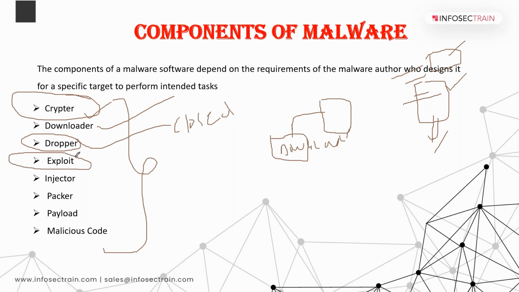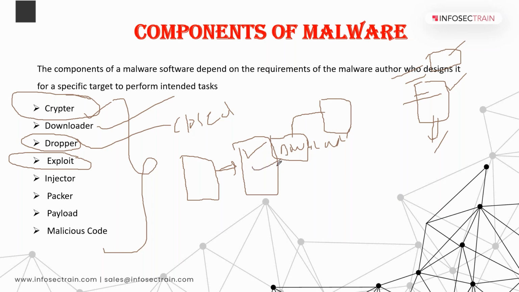And we will have the exploit. It is a part of the malware that contains code or a sequence of commands. Let's say you have hacked into this particular system. Attackers hacked, and in order to do a step-by-step process in that system, let's say first I would like to crash this particular folder.